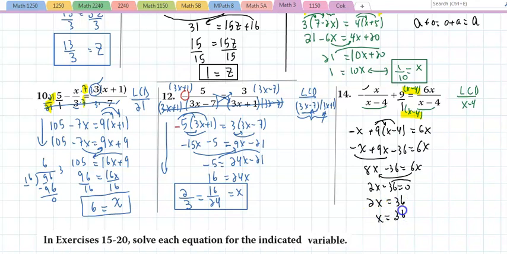Divide by 2. 36 divided by 2 is 18. That would be my final answer. It's an acceptable answer because it does not make the LCD equal 0. 4 is the only value that makes the LCD equal 0.